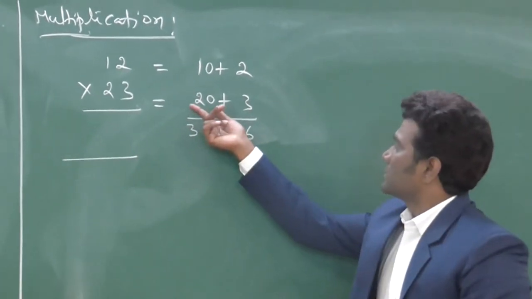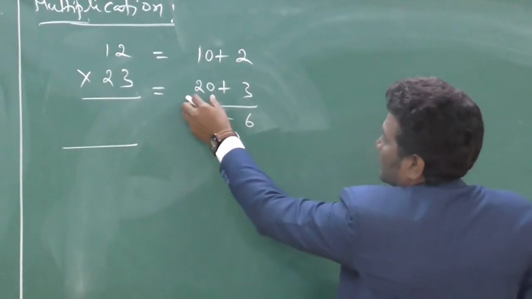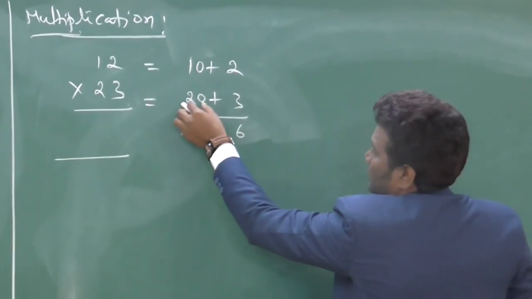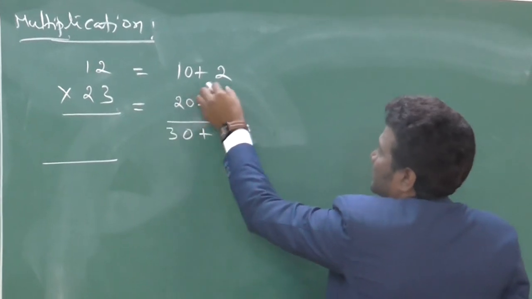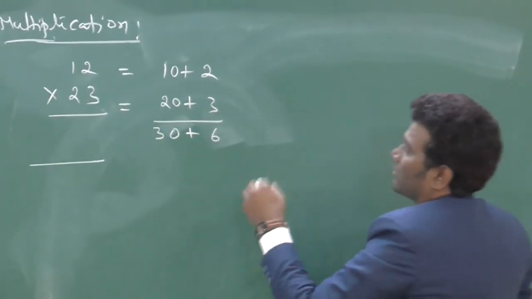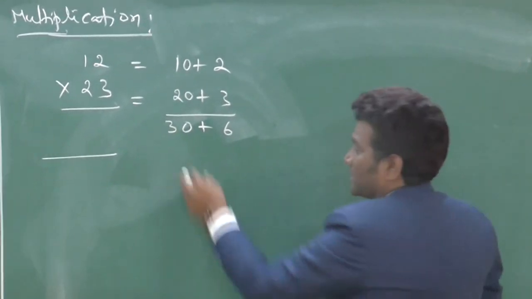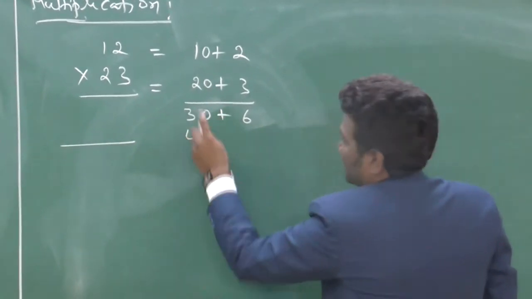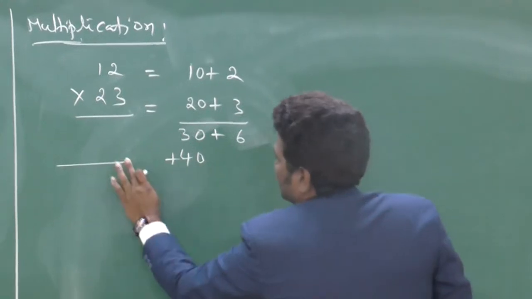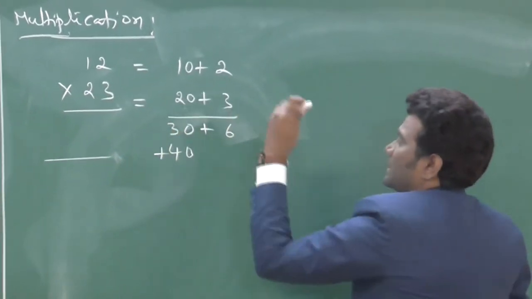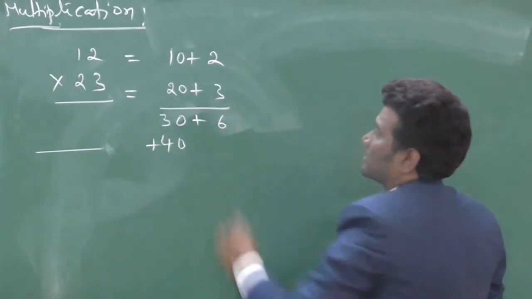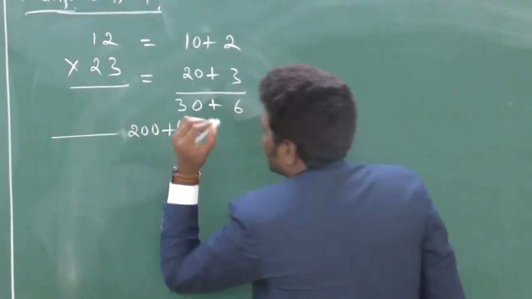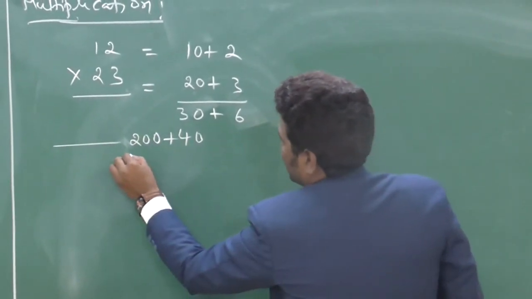Now with this 20. 20 times 2, obviously we will get 40, a 2-digit number. So we will write it just after the 2-digit number, plus 20 times 10, that is 200. We will write 3-digit numbers separately.